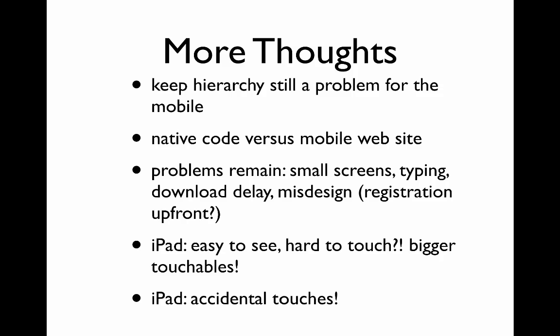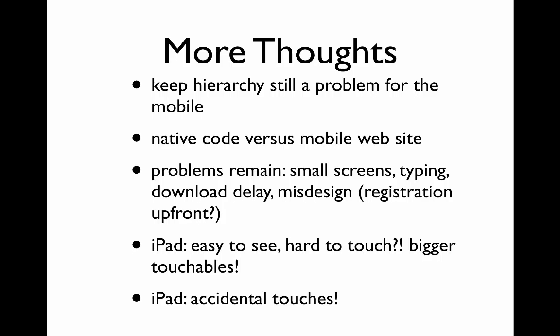Problems remain. Whether you use native code or a mobile website, you still have small screens. You need to consider typing, or reduction of typing required to interact with your website. You need to consider download delays, because the mobile bandwidth is usually less than the desktop bandwidth, or misdesign. For instance, many mobile websites require one to register upfront before seeing any content.